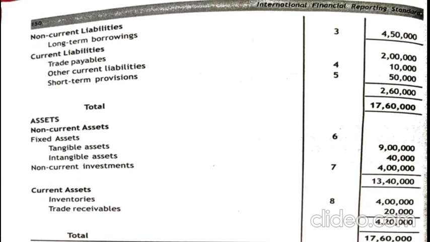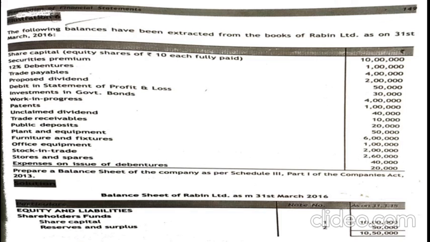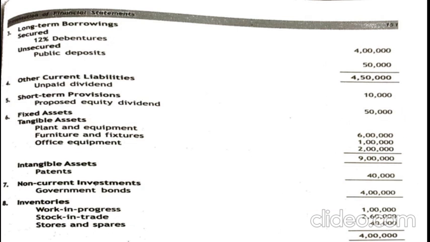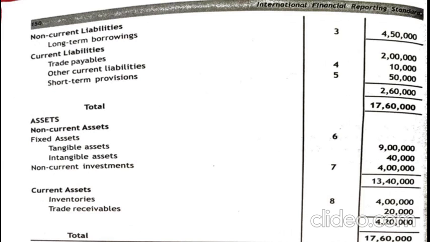So we are considering it: inventories, working note 8, 4 lakh. Trade receivables is present in the question, and the total of your trade receivables is 20,000. So the total of your assets is 17 lakh 60,000.